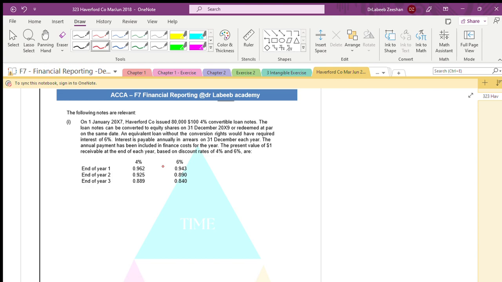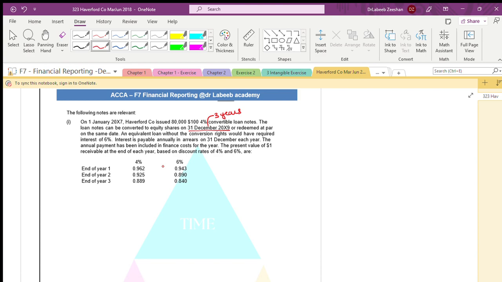On January 1st, they issued 80,10 4% convertible bonds, loan notes, that can be converted into equity shares after 3 years, at the end of 3 years, or redeemed at par on the same date.